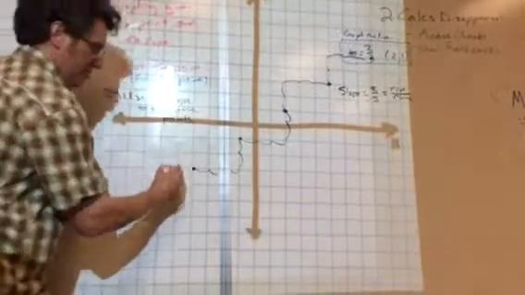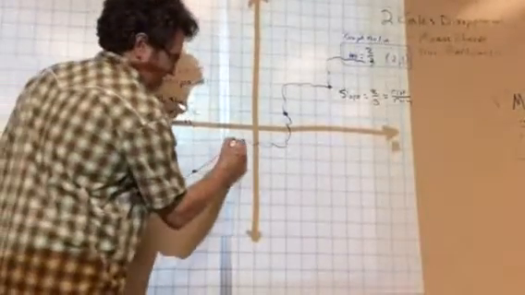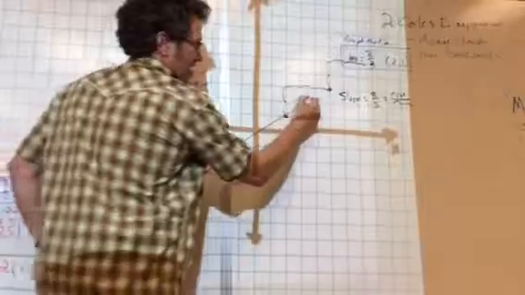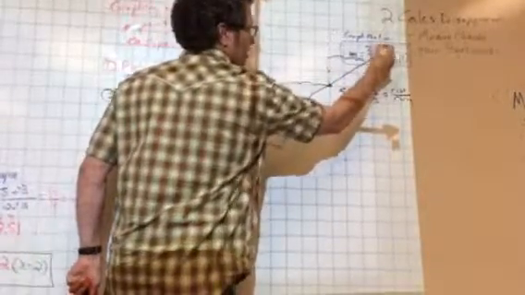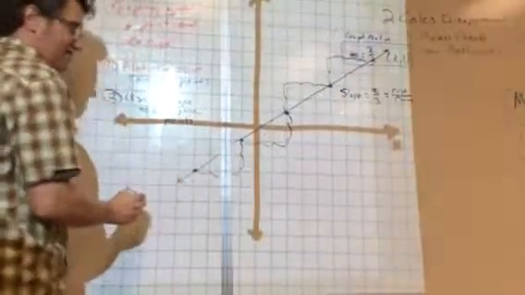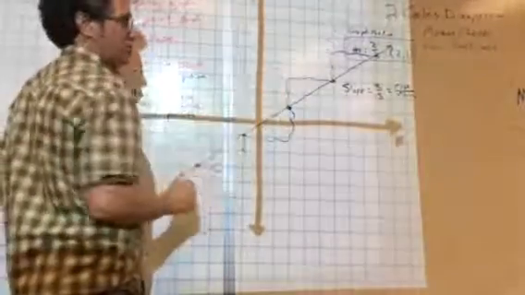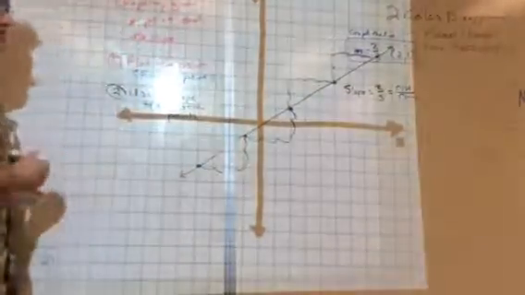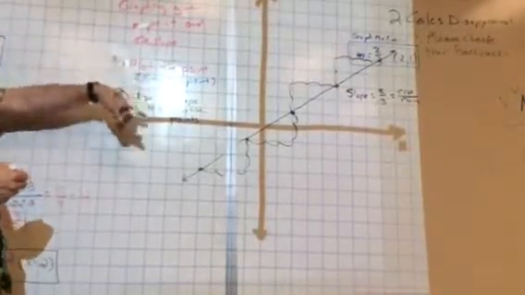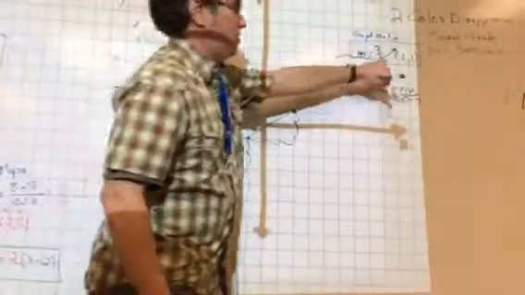And if you notice when you do that, you end up having a nice straight line. If you have any that do not fall in a nice straight line, double check because you made a mistake. You might have accidentally done 3 over 2 or something like that. So this is how to graph given the slope and given a point.